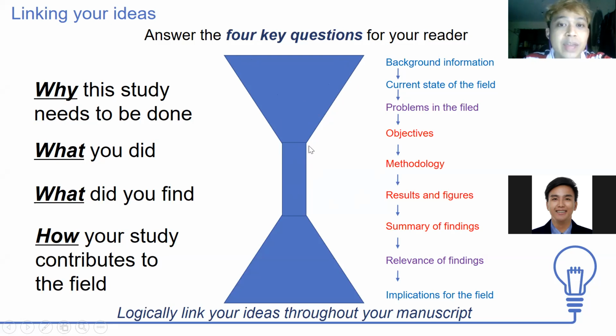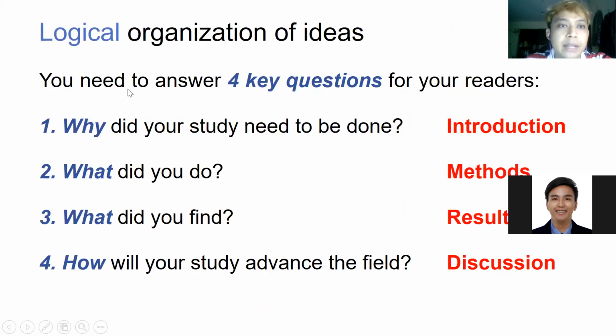For example, you do the Six Sigma thing; usually if you do Six Sigma, it's just method and result. This can be combined, usually people will combine it. And then we can have the summary of findings, the relevance of the findings, and the implication of the study to the field. So this is the structure of academic writing.